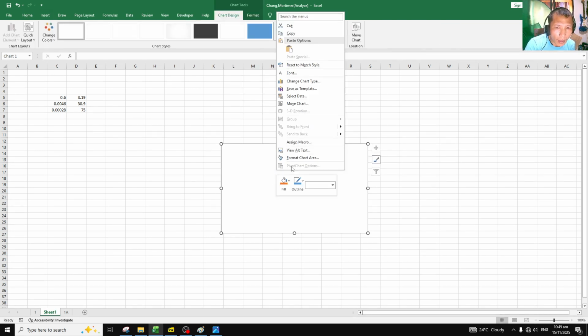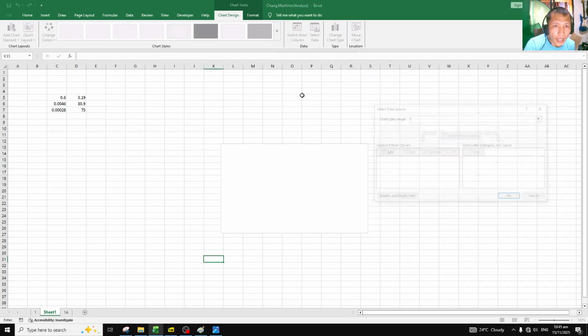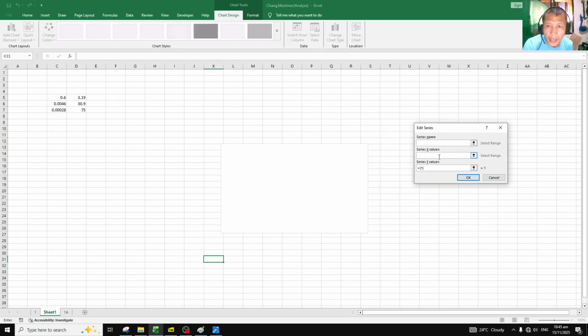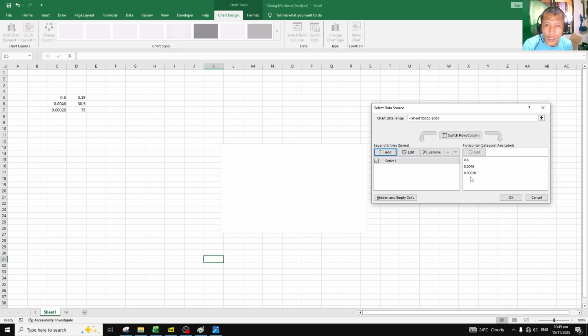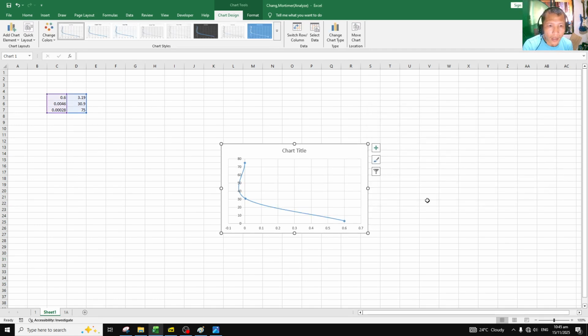Select data, add. This is my x value, and this is my y value, meaning it's dependent on concentration.